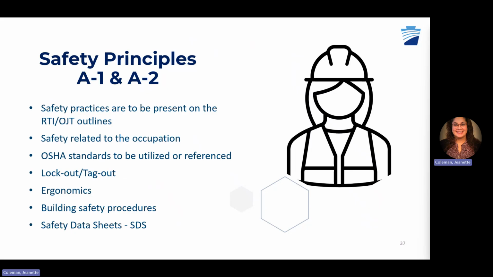These examples are not exhaustive, but they serve as a strong foundation. Sponsors should continuously assess and update safety content in their training plans to reflect changes in regulations, work environments, and emerging risks. So including these safety principles not only help protect apprentices, but also ensures compliance with apprenticeship standards and prepares participants for long-term success in their fields.